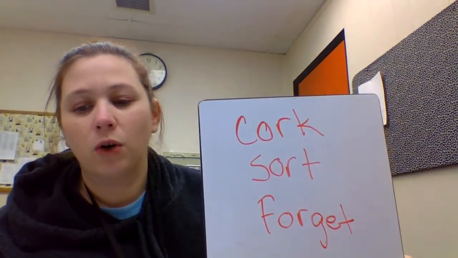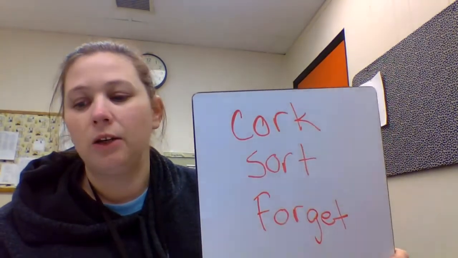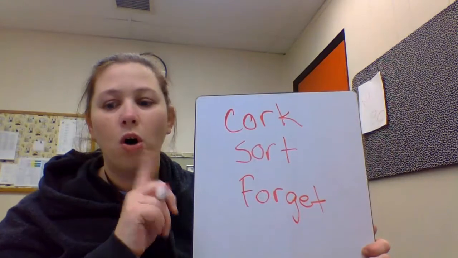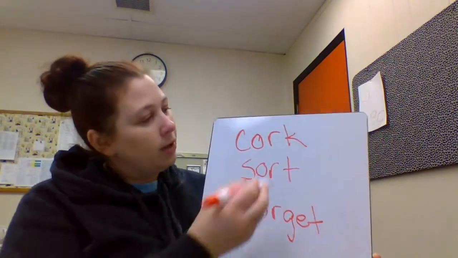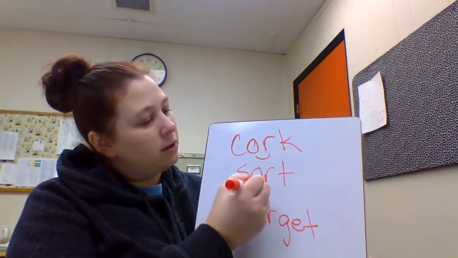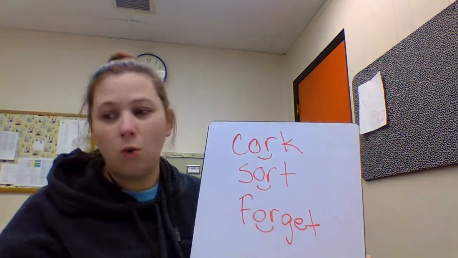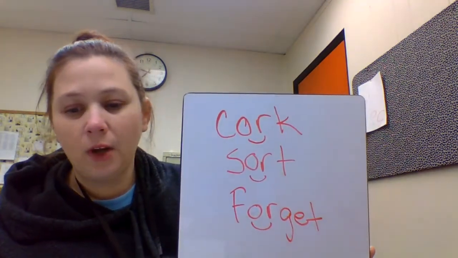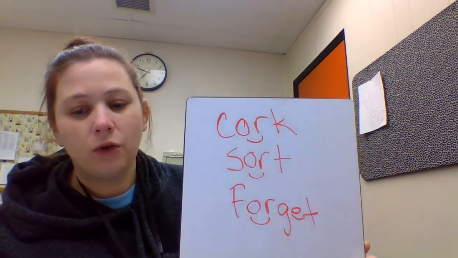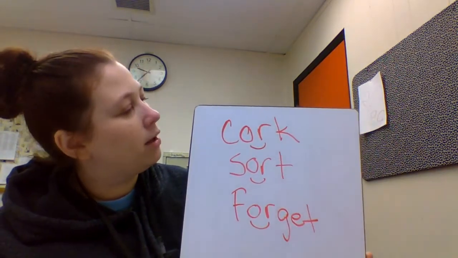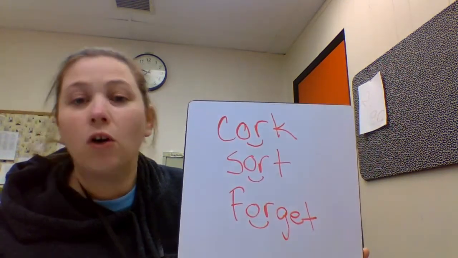What do we notice that all of these words have in the middle of them, their medial sound? It's or. And what letters do we see that make that? O-R, right? All right. So when we have 2 letters that come together to make an unexpected sound, it is called a combination.